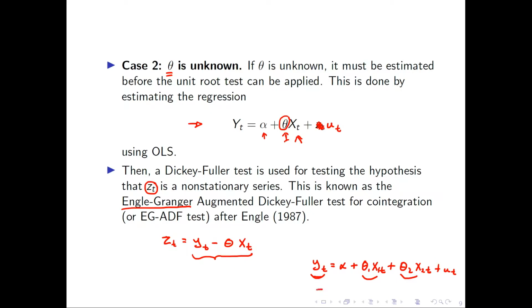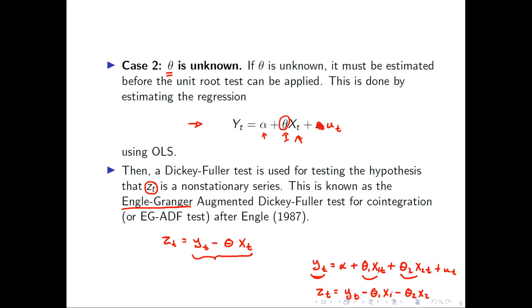So our difference in this case would be yt minus theta 1 of x1 minus theta 2 of x2.